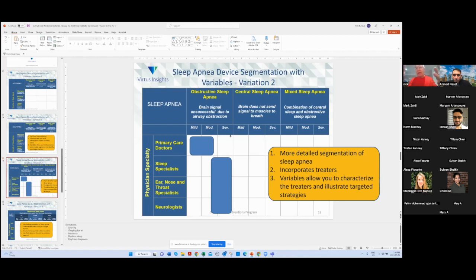And this kind of an exercise really helps you understand that. And then here you can define how these sleep specialists make their decisions. This box in here, it's open-ended.